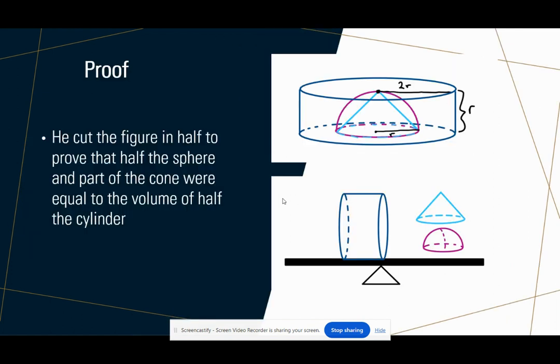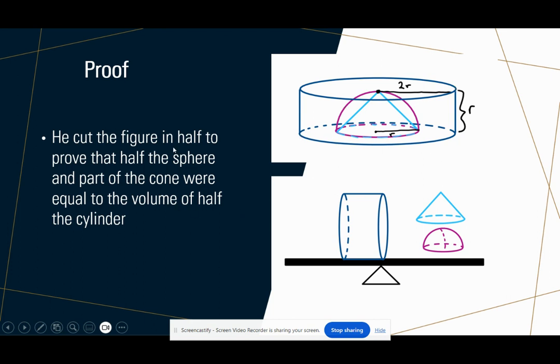All right, so for the actual proof part of this, he took that original figure with the cylinder, the inscribed cone, and the sphere, and he cut it in half. Up here you can see he cut it in half right at the largest part of the sphere, so that there's this small section of cone right here, and then this half sphere, and then half the cylinder.